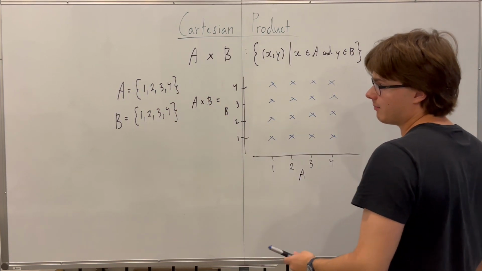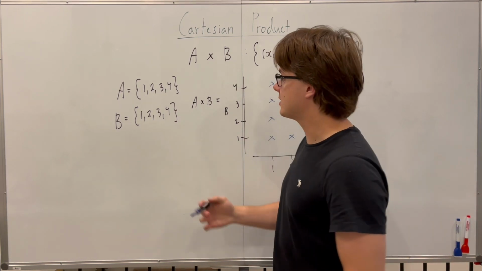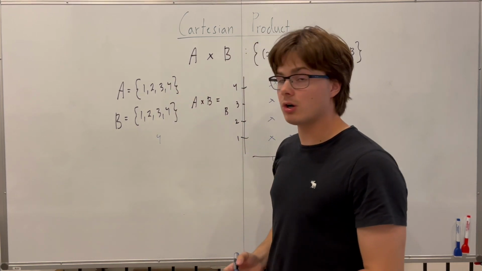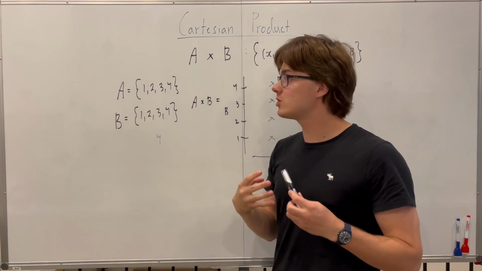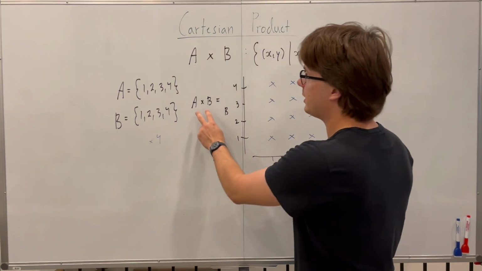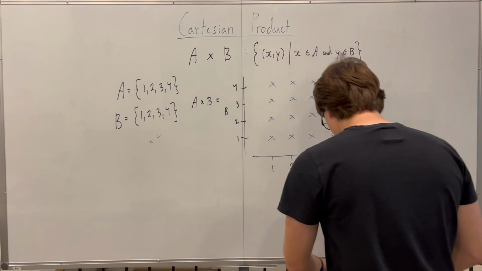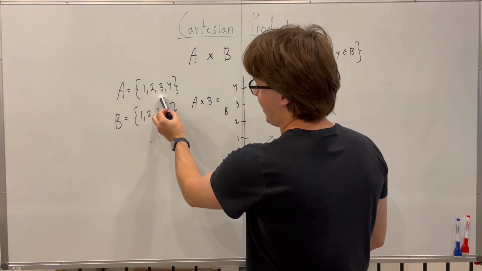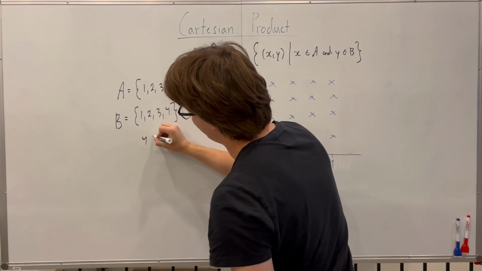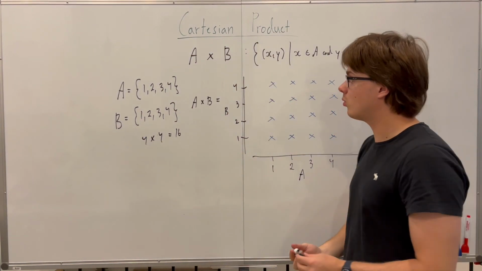So, for example, B here has size 4 because it has 4 elements, and A here also has 4 elements, so it also has size 4. So to find how many ordered pairs you get when you do A cross B, it is going to be the size of A multiplied by the size of B, which is 4 times 4, which is 16. So that seems to work.